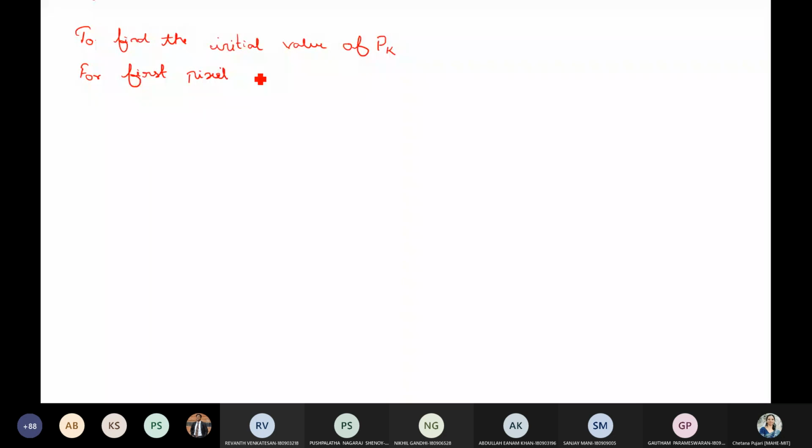Which will be x1, y1. So you're going to write your equation as this. I'm rewriting our pk equation. Okay, so what is our pk? Pk is 2 delta y xk minus delta x yk plus 2 delta y plus 2 delta x c plus delta x.